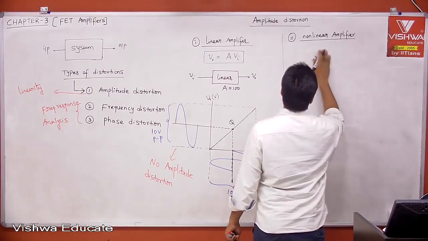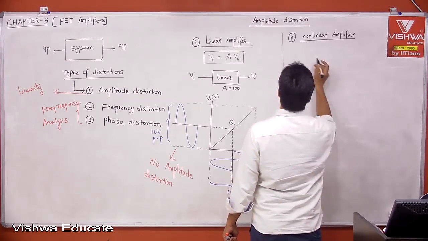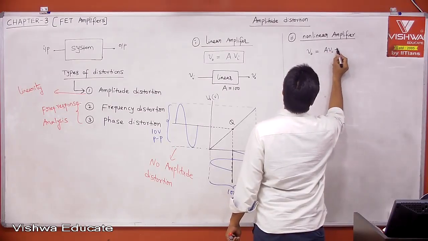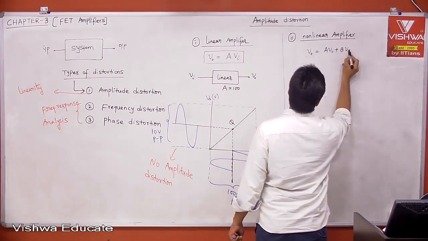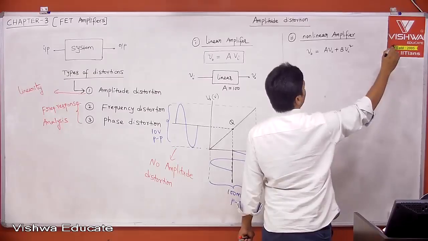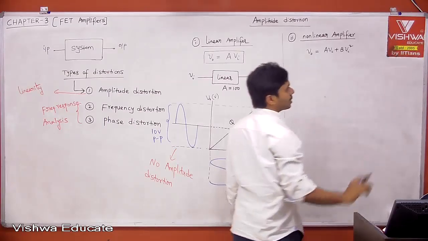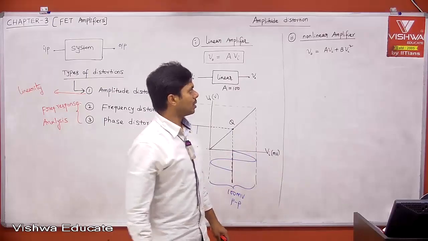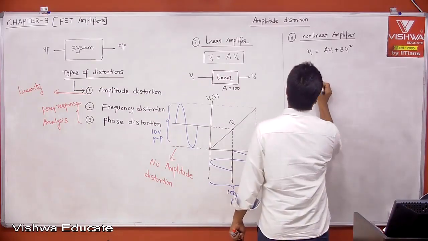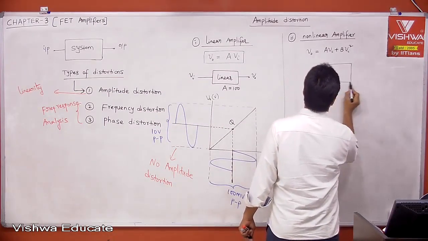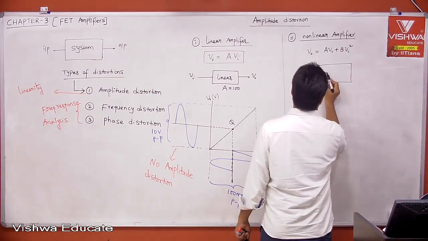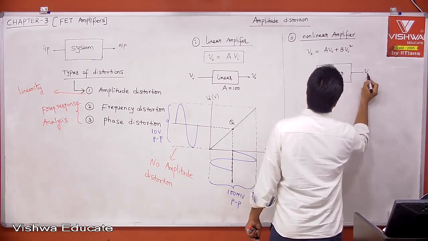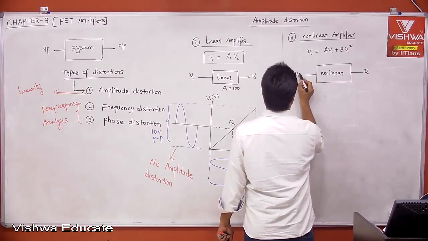What is the equation which is supporting it? Let us say V0 is equal to A into Vi plus some D into Vi square. Actually, it could be C into Vi cube plus D into Vi to the power of 4, etc. That is a completely higher order non-linear equation. Let me take only second order, that is enough. This is your system, but this is a non-linear amplifier. This is your V0 and this is your Vi.